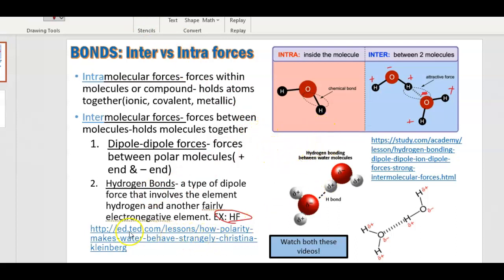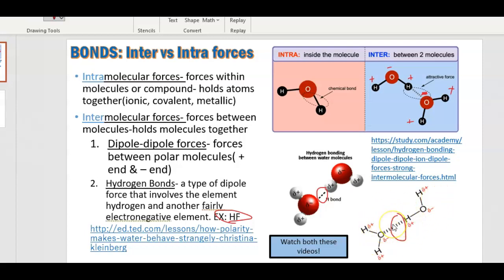Here's an example of a hydrogen bond right here. They're actually pretty strong bonds. Intermolecular forces are definitely weaker than intramolecular forces, but that hydrogen bond is actually pretty strong, and it dictates a lot of the properties of water.